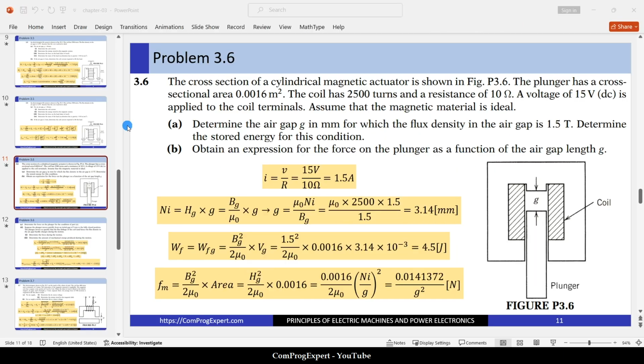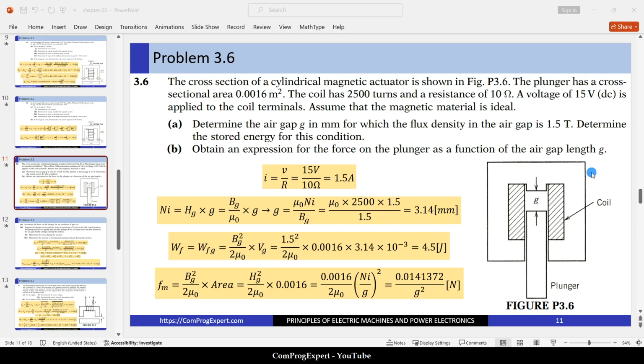Anyway, okay, so now let's go for the next problem. Problem 6. The cross-section of a cylindrical magnetic actuator is shown in this figure P3.6. The plunger has a cross-sectional area of 0.0016 meter square. The coil has 2500 turns.